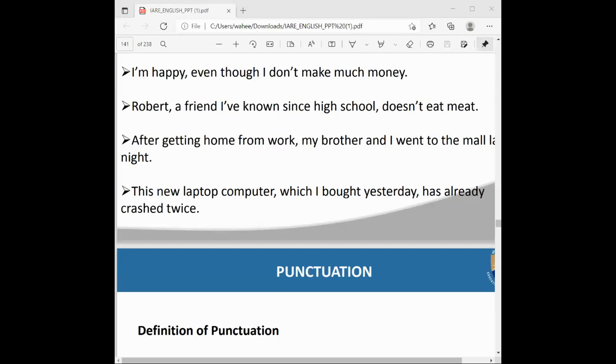The first step to identifying the different types, though, is to understand the difference between a phrase and a clause. A phrase is a related group of words. The words work together as a unit, but they do not have a subject and a verb.